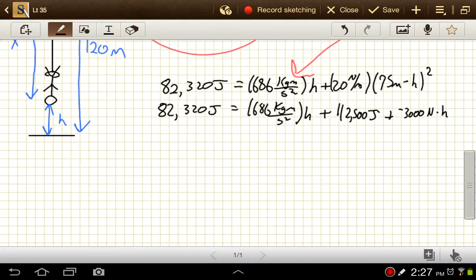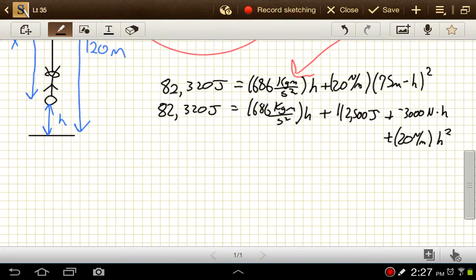And then plus h squared times 20. So 20 newtons per meter times h squared. All right, let's clean this up a little bit.